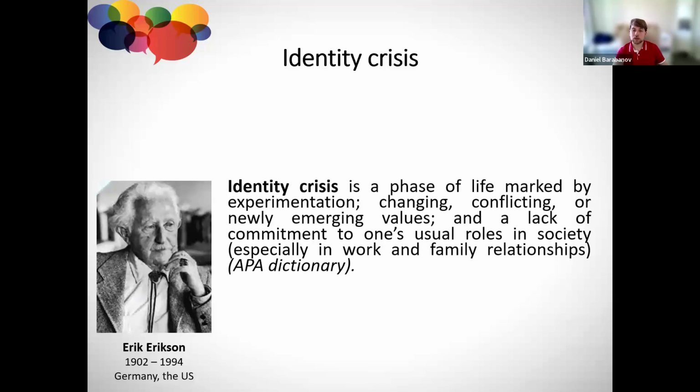So identity crisis is a phase of life marked by experimentation, changing, conflicting, or newly emerging values, and a lack of commitment to one's usual roles in society. So identity crisis is a time of change in your life when you stop identifying yourself in terms of your previous social roles, but you have not necessarily formed new social roles.